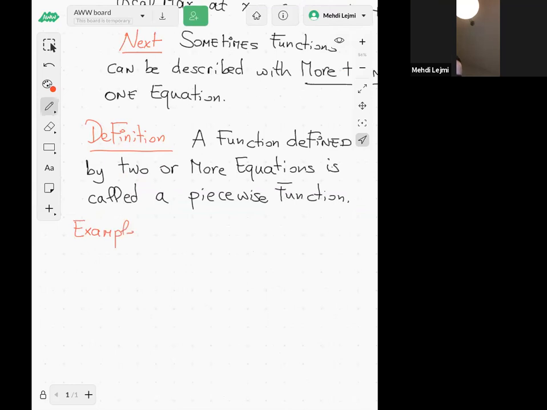Here's my f of x, and let's say this function f is defined by three equations: x squared minus 1, 2x plus 2, and x cubed minus x. So we have three equations, right?